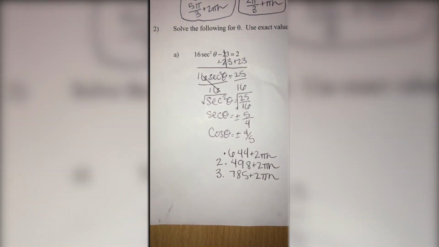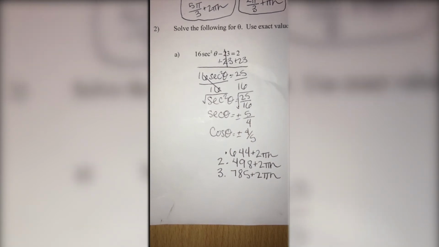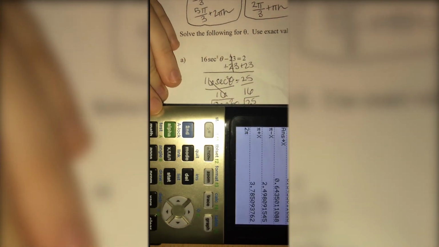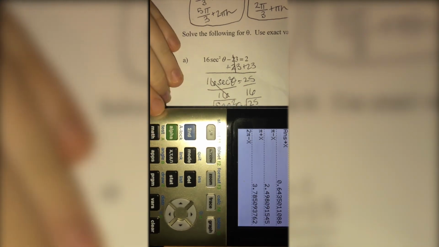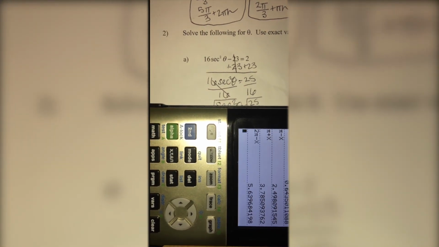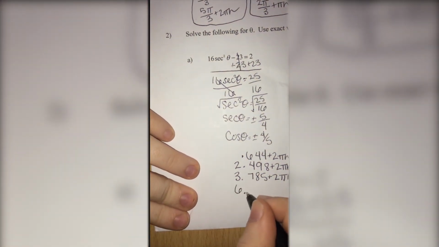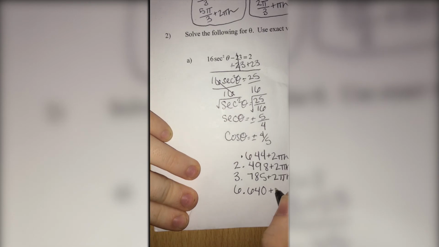To get your fourth quadrant number, subtract your number from 2 pi. Since we are being super cautious, we wrote this out the long way. But don't forget that you could just write plus or minus 0.644 plus pi n if you wanted to.